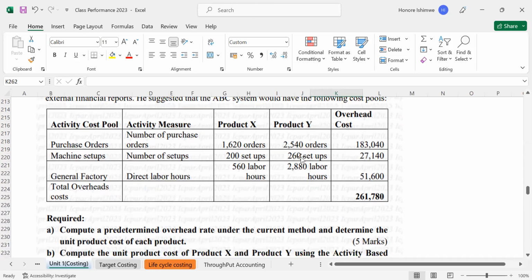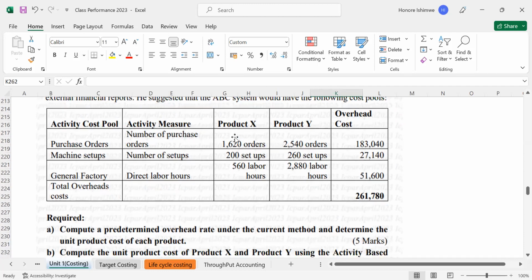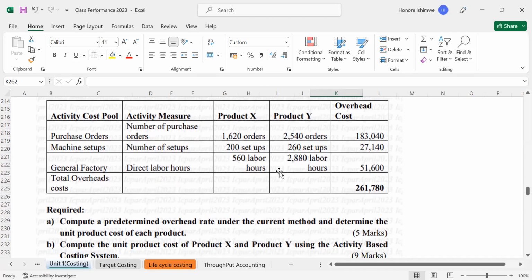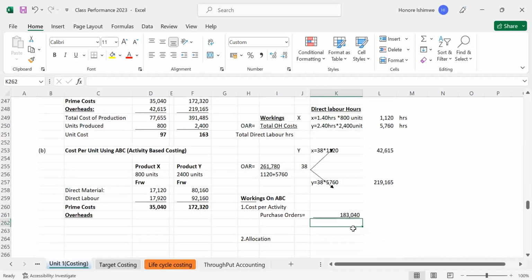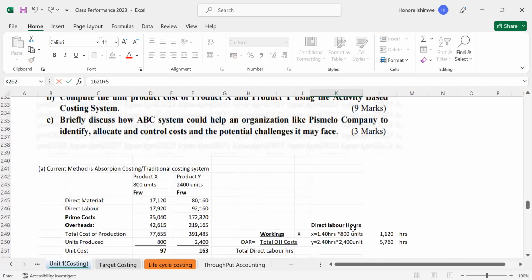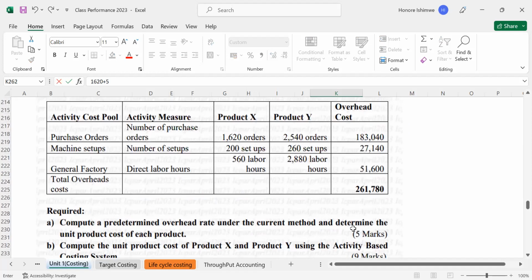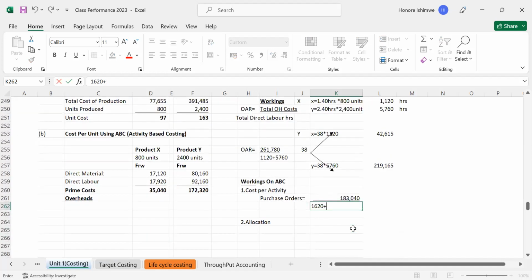He says how many orders for product X and how many orders for product Y. The number of purchase orders I have to use is 1,620 and 2,540 for the 4,000 units.